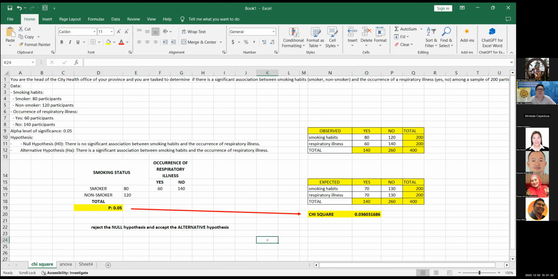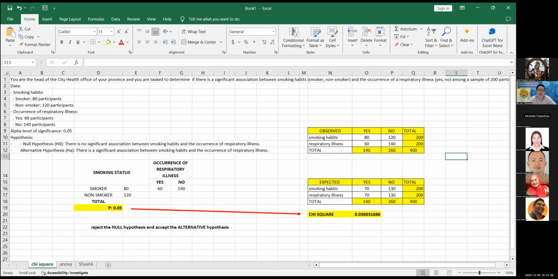Mali kasi yung inputs mo, Sir Ray. So observed, a total lang of 80 for smoker and non-smoker will be 120. Yes po. So nandyan kasi is 80 and 120. That should be 30 and 50 to make an 80 row total.